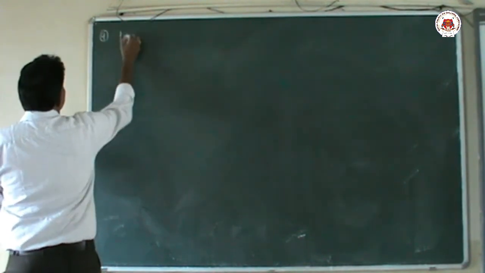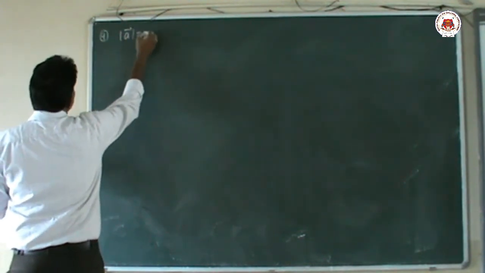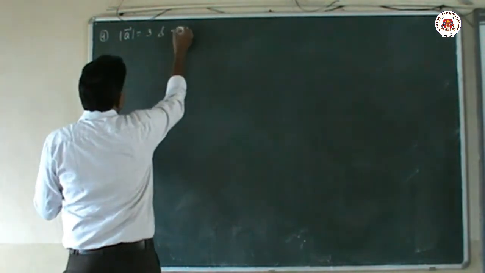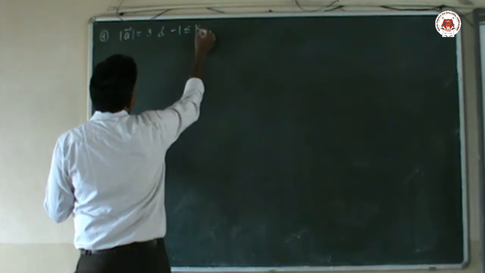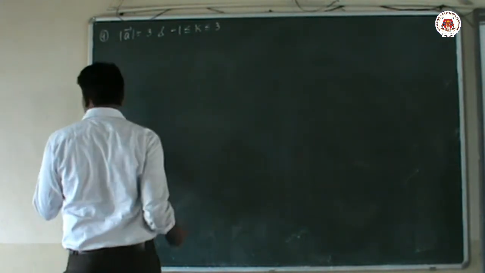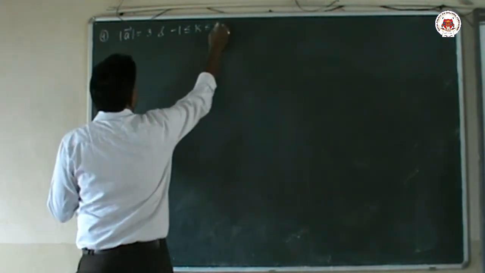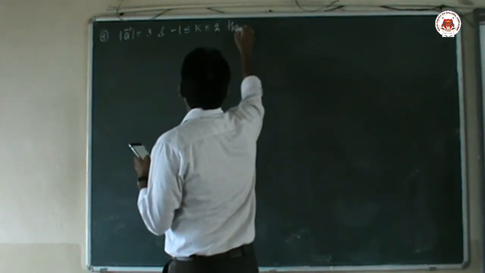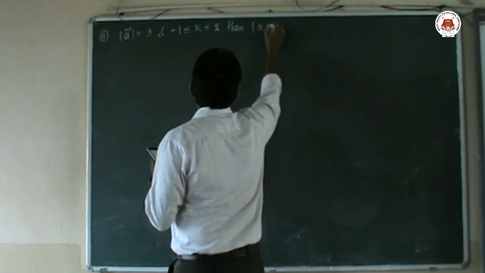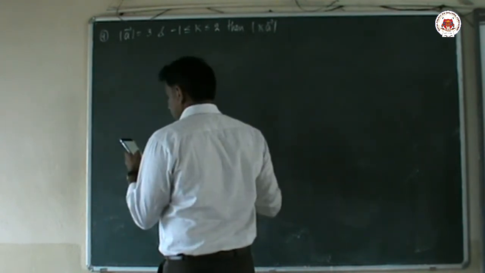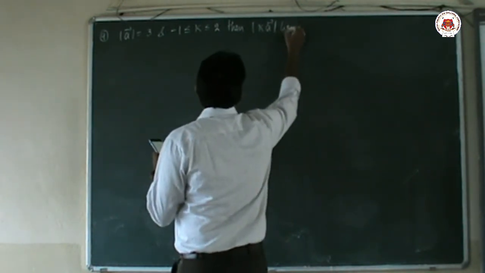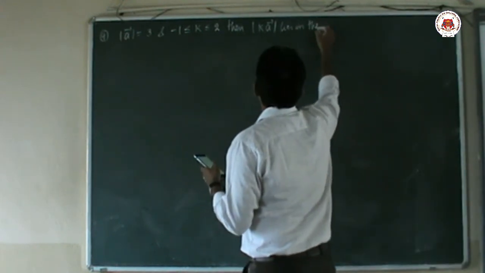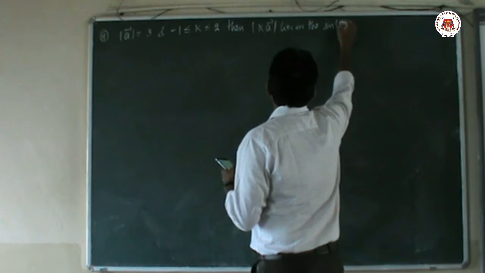The ninth question is, mod of vector A equal to 3 and minus 1 is less than or equal to k, less than or equal to 2. Then mod of k into vector A lies in the interval.